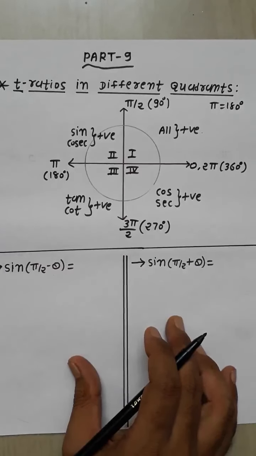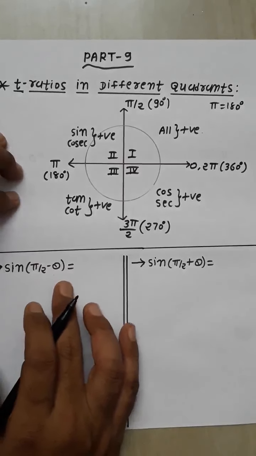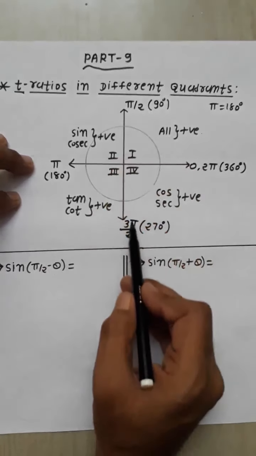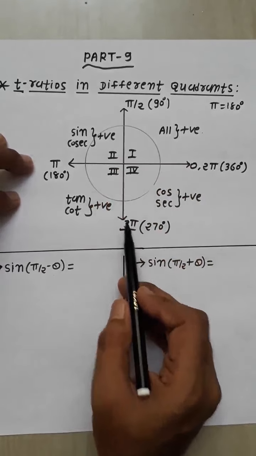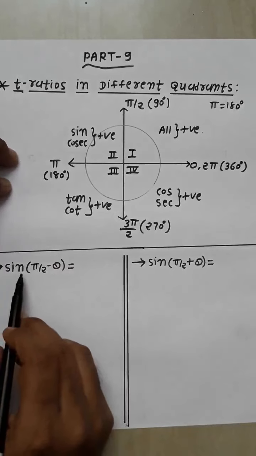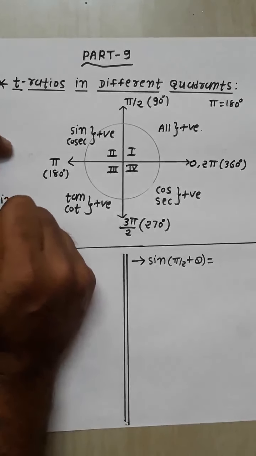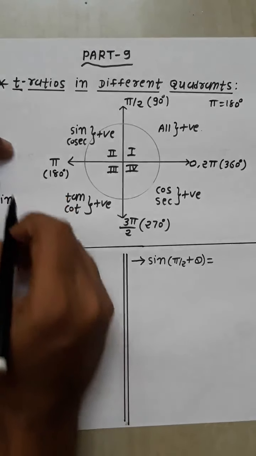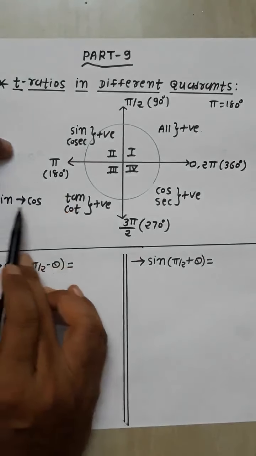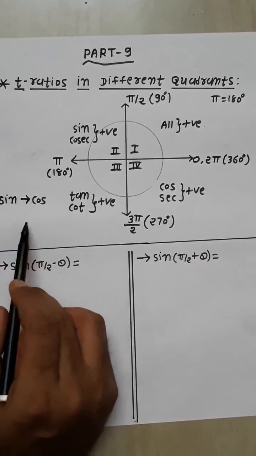So first of all, sine of pi by 2 minus theta. Now the value is present on the y-axis, so we can change the position of the function. In total 6 functions are present. Suppose the sine function is present, we can convert it into the cos function, and cos into sine.